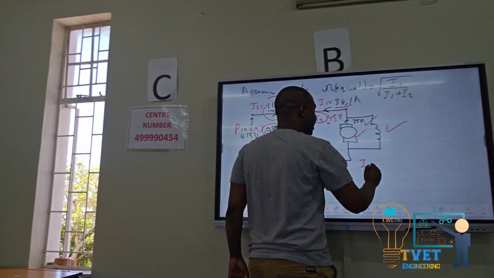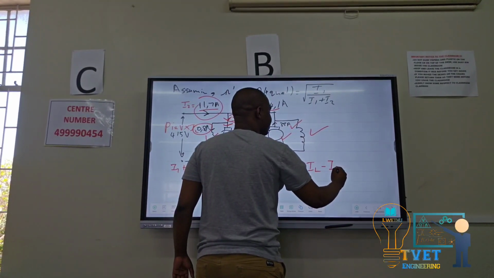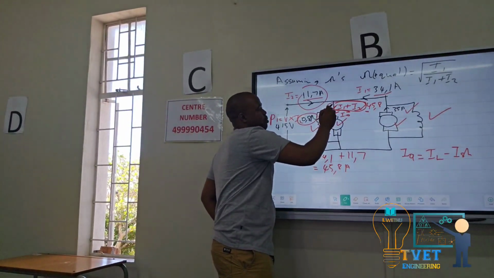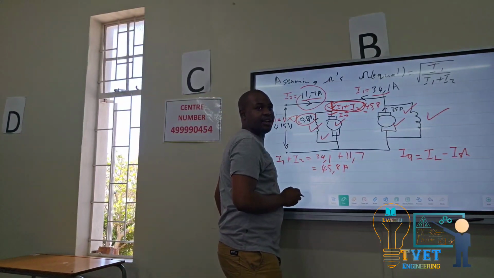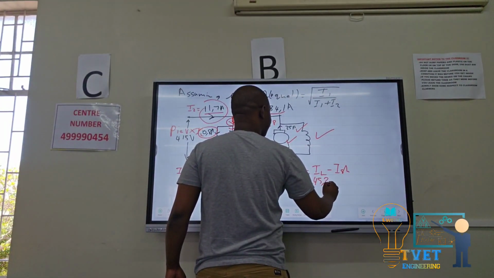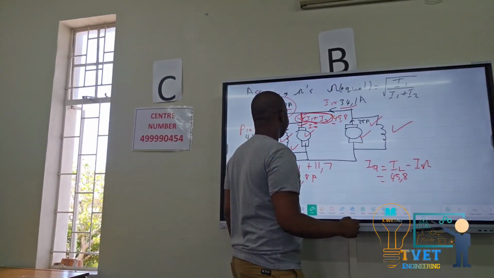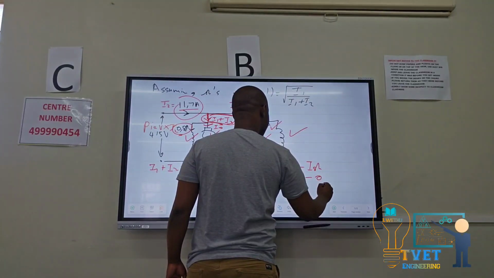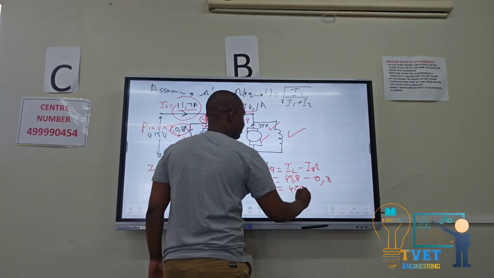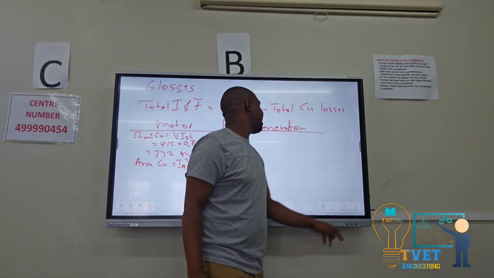Remember, armature current of the motor is IL minus If, which is 45.8 minus 0.8. So that means armature current is 45.